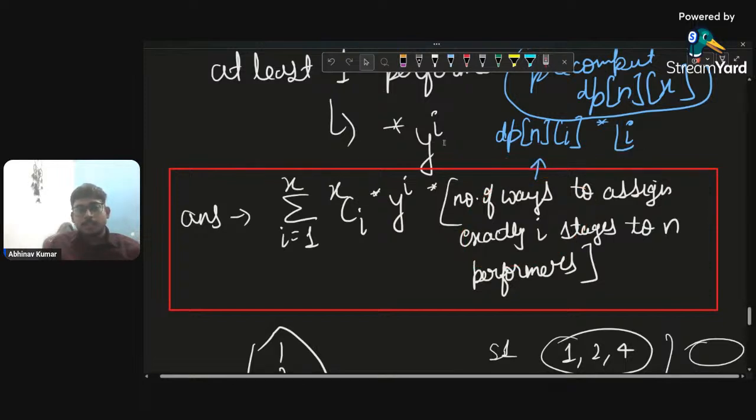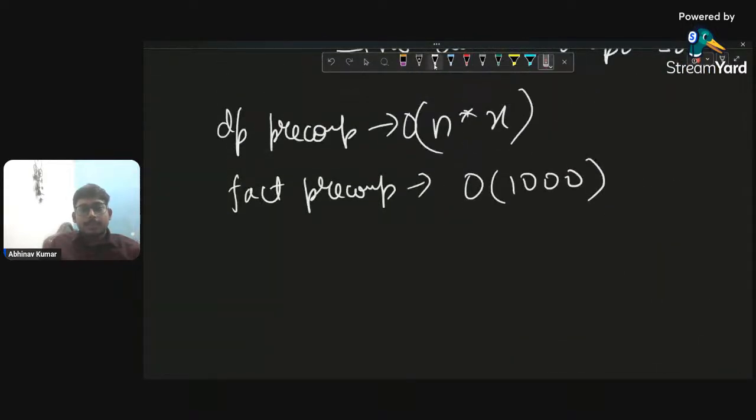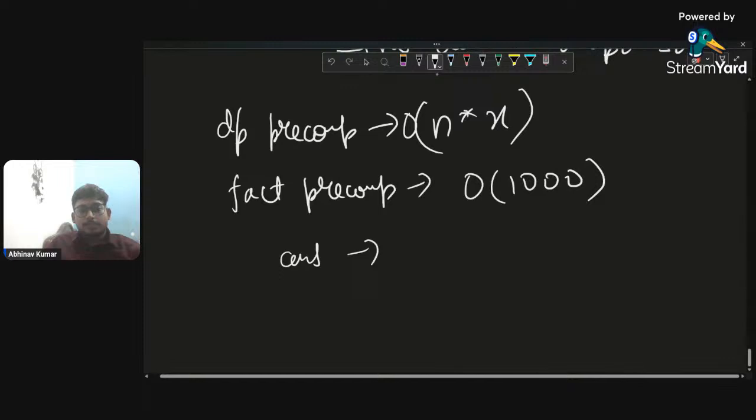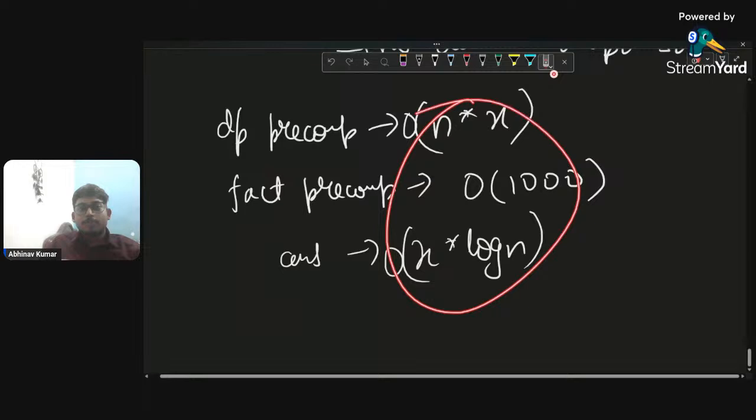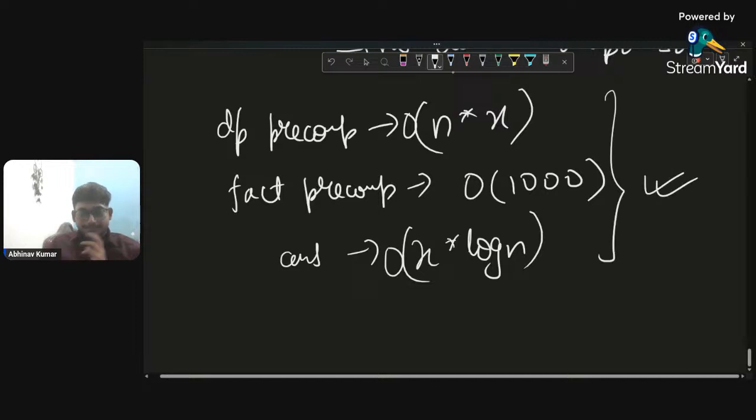So the final answer computation is going to take x into log n time. Overall time complexity is n into x only, since the highest term is that, which is fine. This time complexity would be accepted.